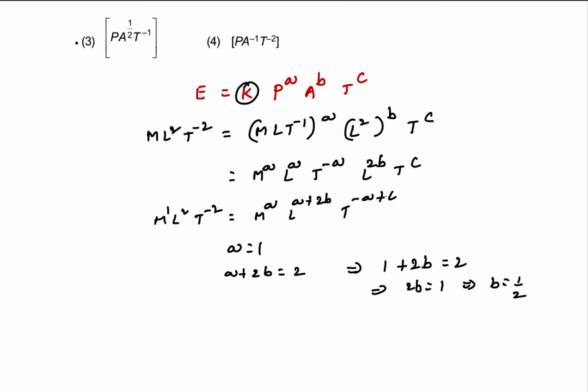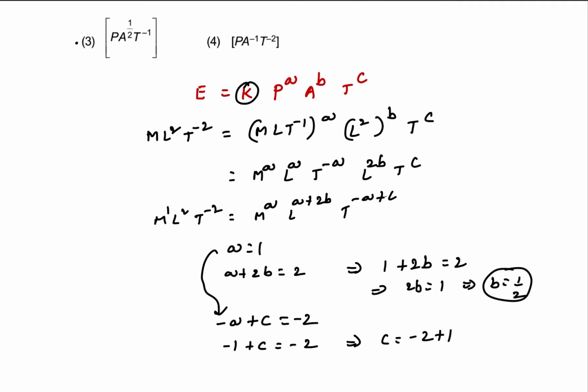So finally you can get 2b is equal to 1. So b is equal to 1 by 2. Similarly, in the third equation, minus a plus c is equal to minus 2. A value we can substitute here: minus 1 plus c is equal to minus 2. You can get c is equal to minus 2 plus 1.